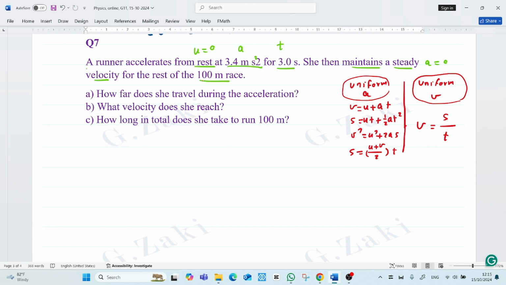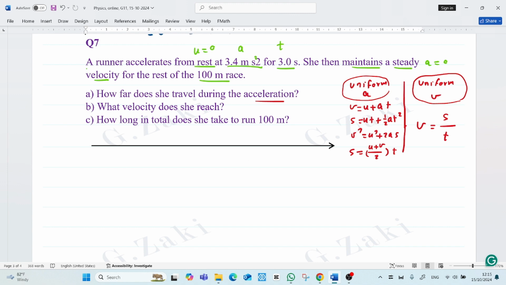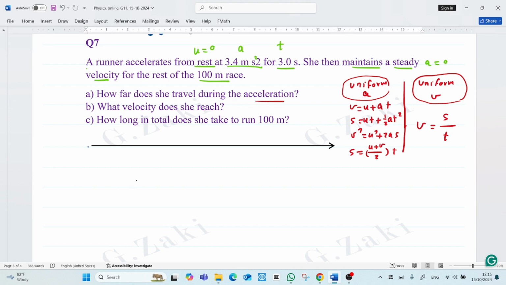Now, it's a good idea, since it says how far does she travel during the acceleration, to draw a straight line. This is the direction. At the beginning she starts from rest, so the initial velocity equals 0.